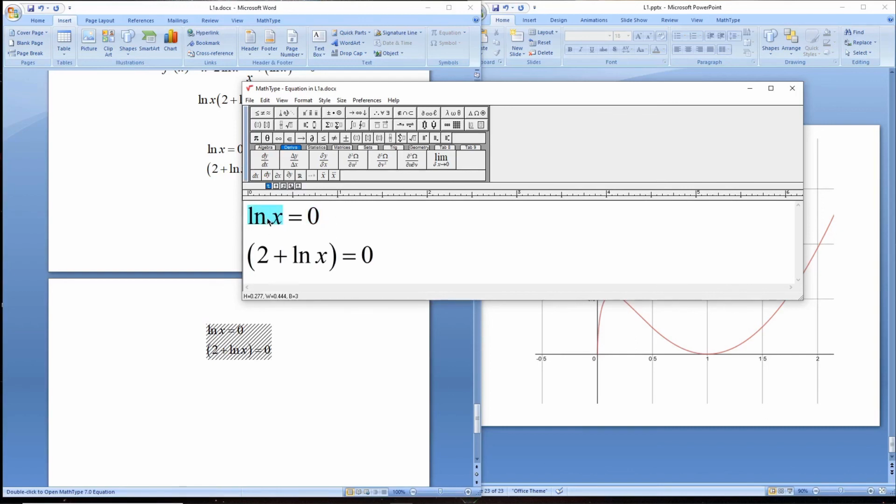Well, to get rid of a natural log, you have to raise both sides from base e. And then e to the natural log simplifies to just the argument. And then anything raised to 0, except 0, equals 1. 0 raised to the 0 is another indeterminate form.